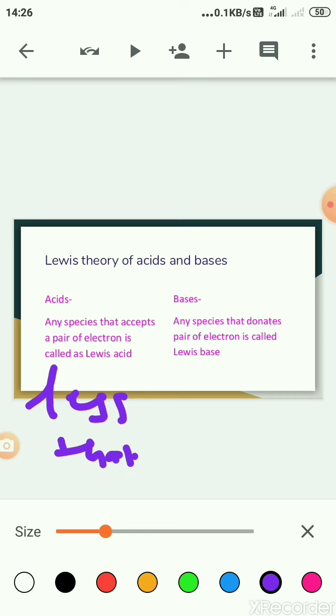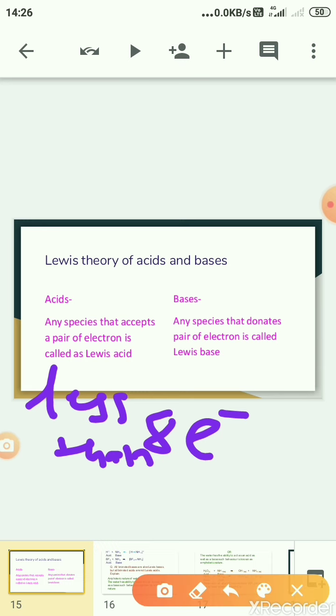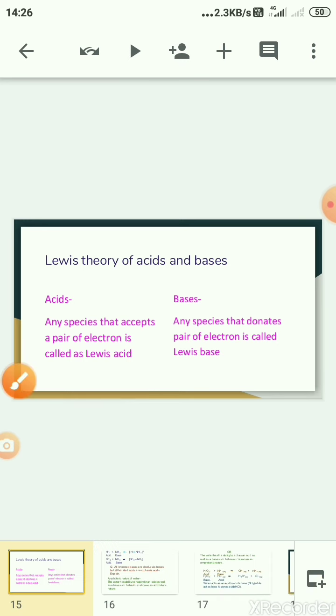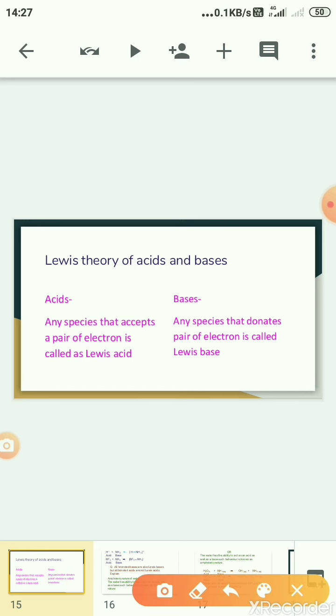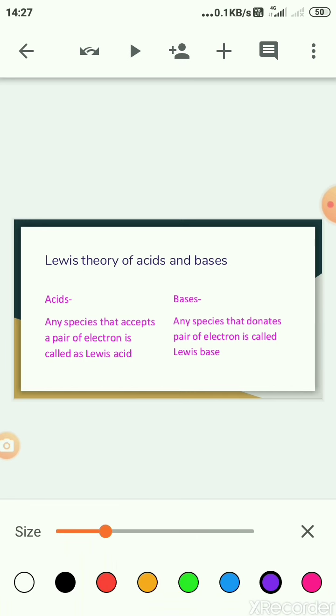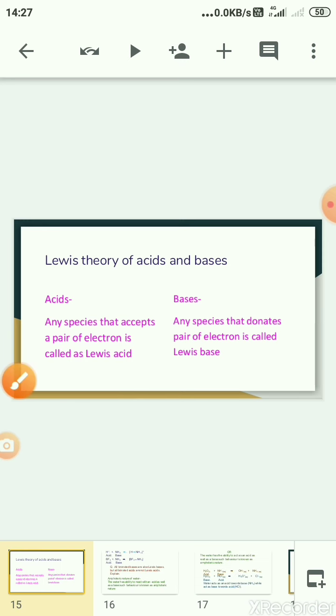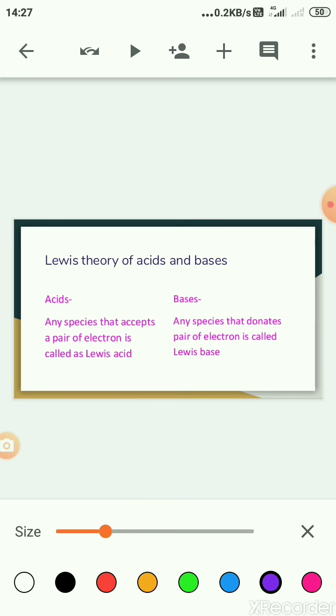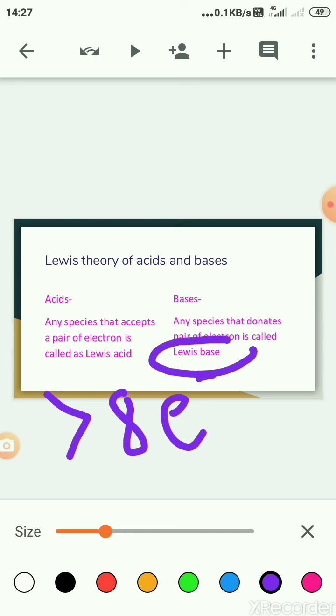While expanded octet means compounds containing more than 8 electrons. Such compounds are called Lewis bases.